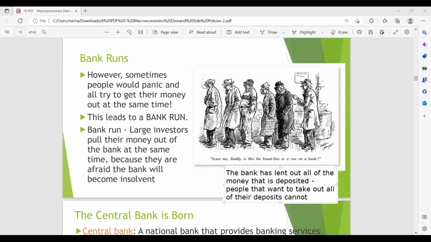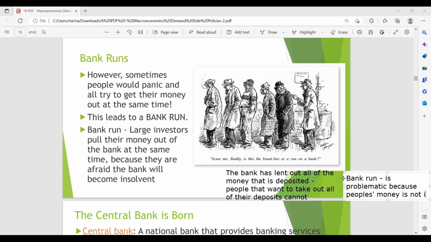That's the problem with a bank run, because people's money is not actually in the bank right now. It is lent out.